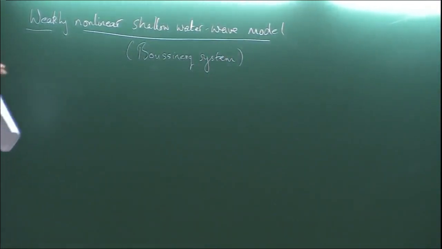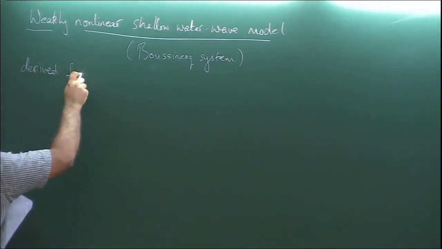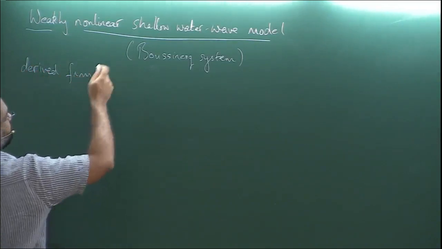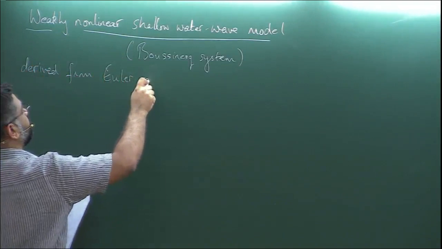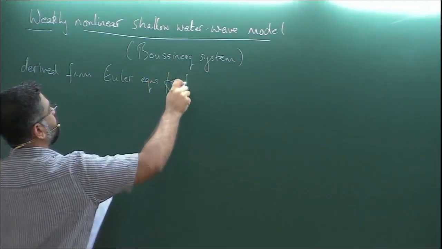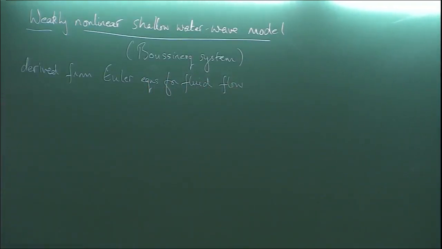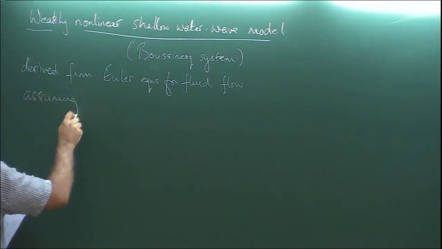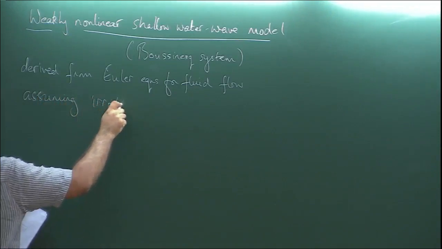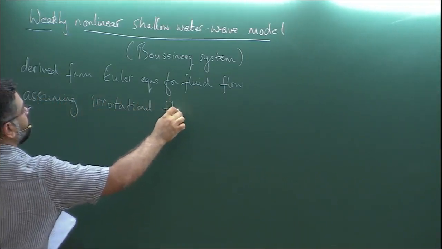So this is derived from, let's say, the Euler equations for fluid flow. Right, so that's Navier-Stokes with no viscosity. And then you assume irrotational flow.